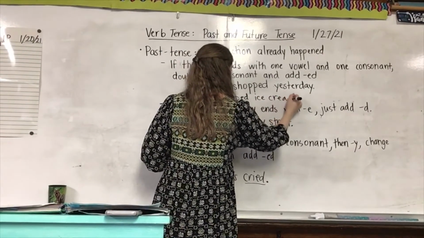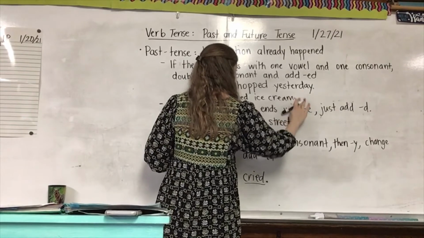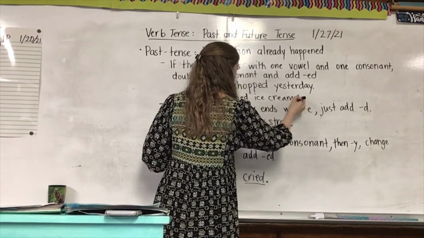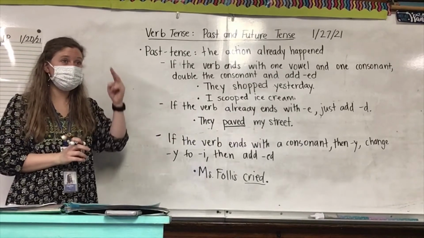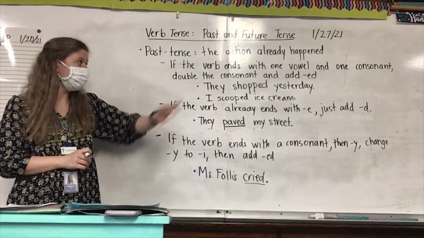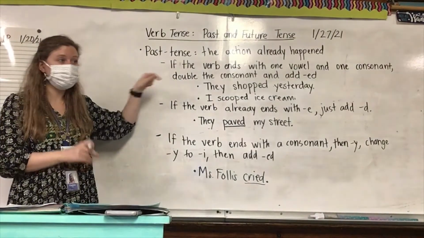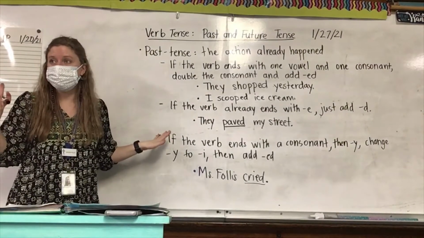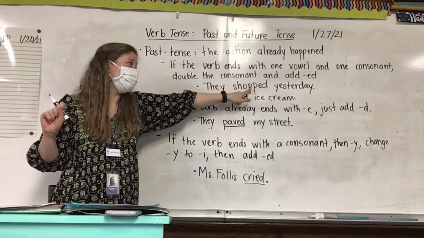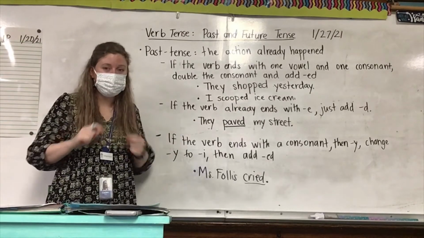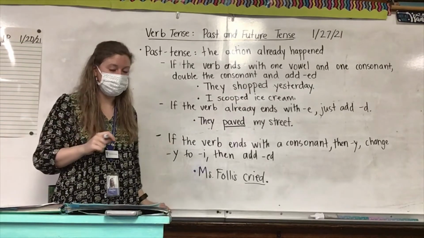I scooped ice cream. So if it ends with two vowels and a consonant, it doesn't follow this rule, so all you do is add ed. If it ends with one vowel and one consonant, double the consonant, add ed.